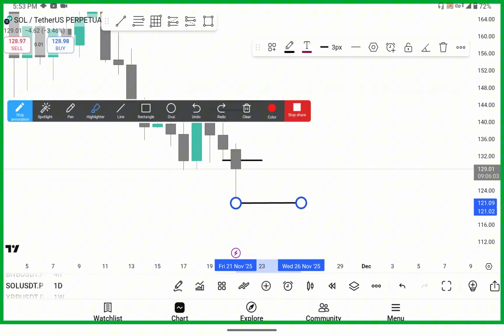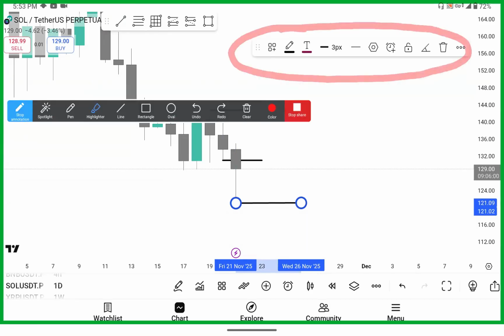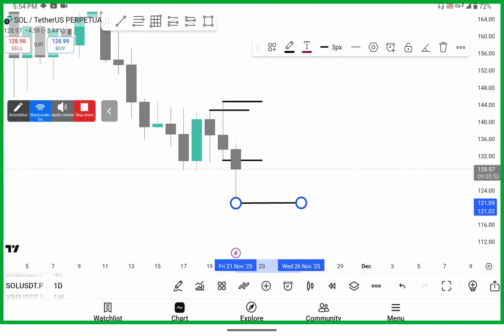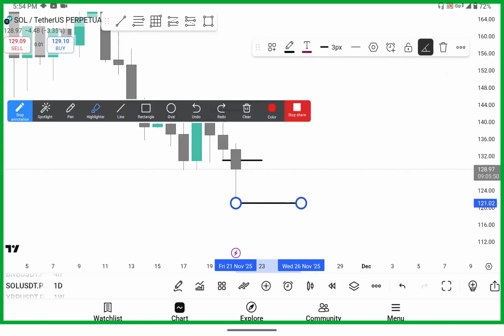Are you seeing this? When it shows up, tap on this to make it straight. Just tap on it, then it becomes straight, then you untap it. Don't leave it in this mode, because when you leave it like this, whenever you draw your trend line, it will not be flexible. It will always remain straight.